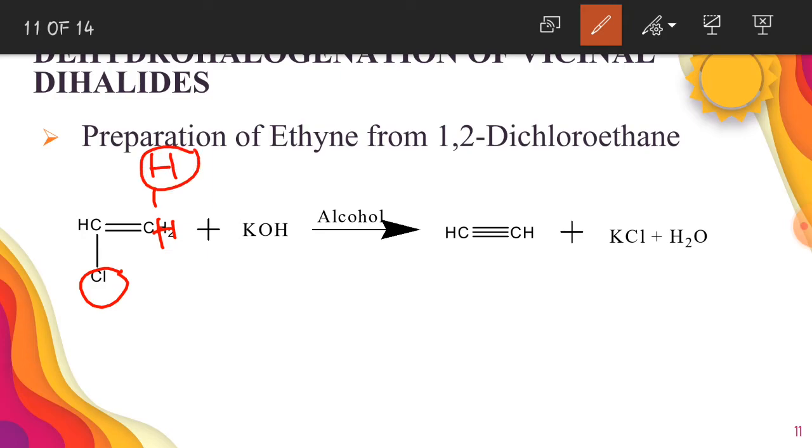That hydrogen atom and the chlorine atom will be removed, and there will be the introduction of a new bond between these two carbon atoms. So after the removal of hydrogen and chlorine, there would be the formation of a triple bond between these two carbon atoms along with the formation of KCl and a water molecule.